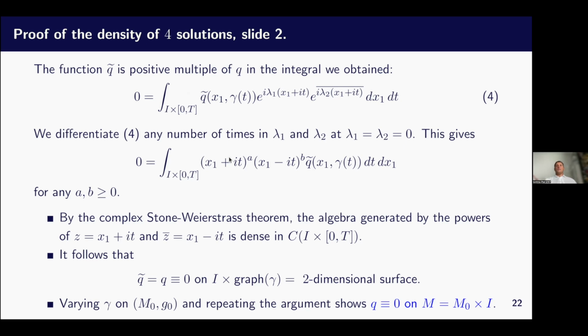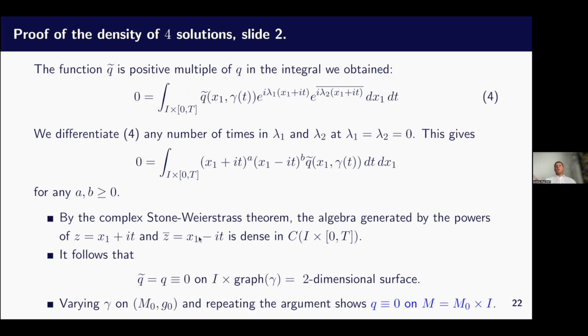So it follows that, using the density of these products here, we see that q tilde at x1, gamma(t) must be 0 for all x1 and all t, where x1 is in this interval I and t is in this parameter interval of the geodesic, 0 to T. So this means that q tilde is 0 on I times the graph of the geodesic gamma. So this I times the graph of the geodesic gamma is a two-dimensional surface. And we have now proven that q tilde, equivalent to q itself, is 0 on this two-dimensional surface.